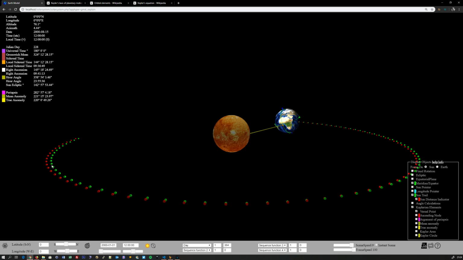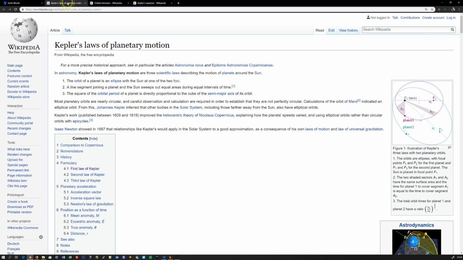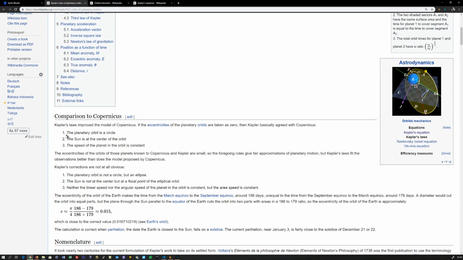So how does this work? Well, Kepler, of course. Kepler is my new hero. 1600, that's when he thought of this. And what he says is that the orbit of a planet, Copernicus thought it was a circle, Kepler thought it's an ellipse. And the Sun is not at the center, it's just at a focal point of the orbit.